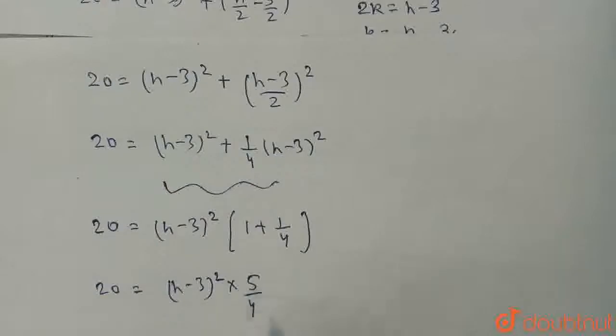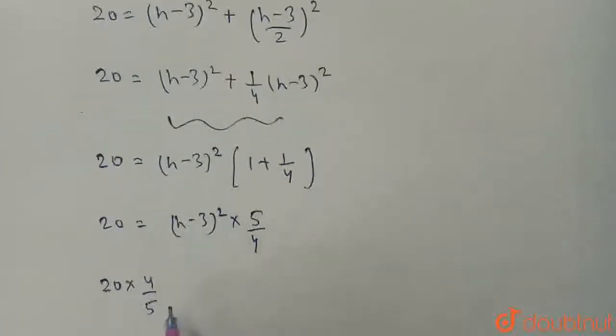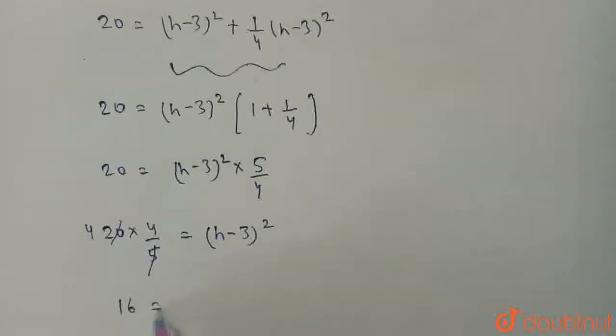So now 5 by 4 will shift to the left hand side and will be divided, so it will be the reciprocal. This becomes multiplied by 4 by 5, which is equal to (h minus 3) squared. So 20 divided by 5 gives us 4. 4 multiplied by 4 is 16. 16 is equal to (h minus 3) squared.